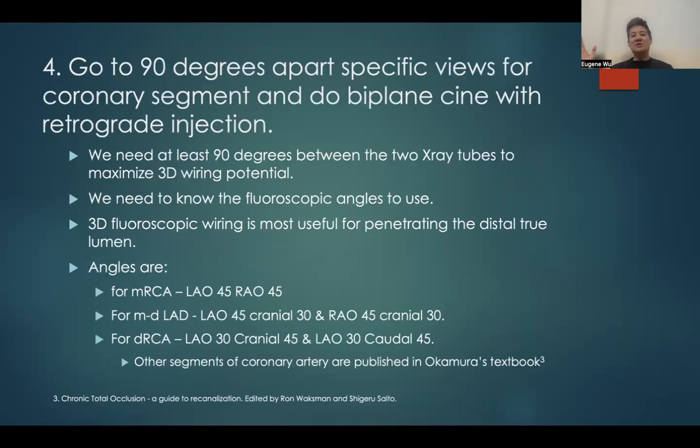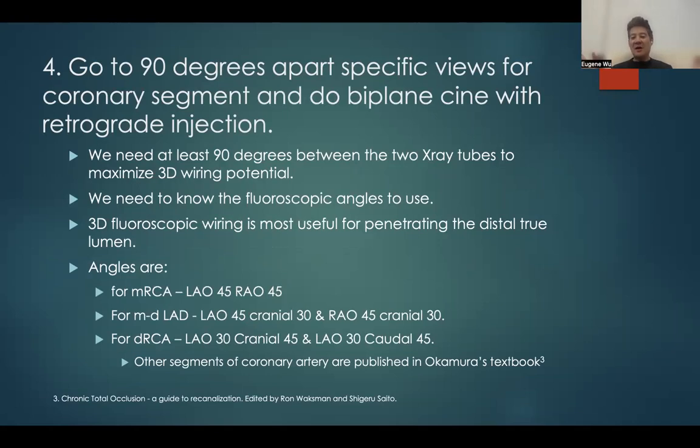Number 4, go to 90 degrees apart specific views for the coronary segment where the distal cap is, and do a biplane tuning with retrograde injection. We need at least 90 degrees between the two X-ray tubes to maximize 3D wiring potential. And we also need to know the fluoroscopic angles to use. The angles are, I will tell you here, for mid-RCA, LAO 45, RAO 45.